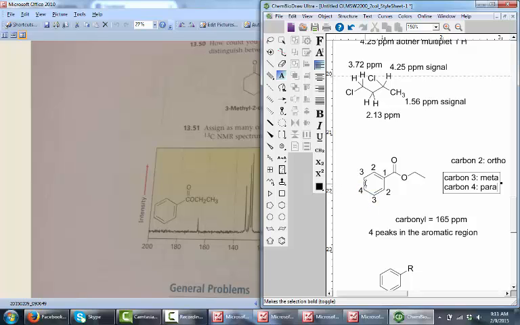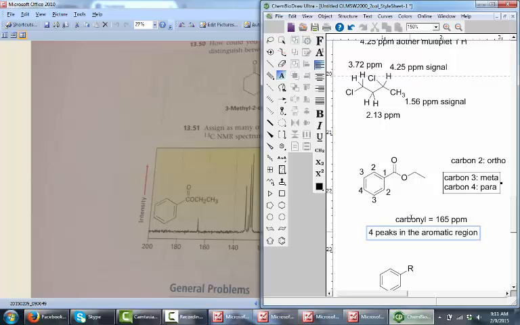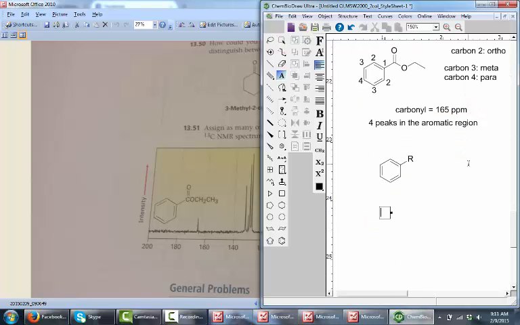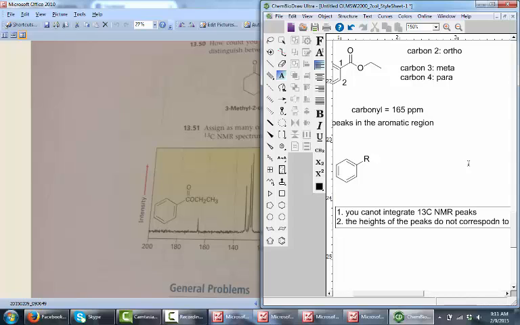Okay, so that's 4 types of carbon atoms on this aromatic ring, and that corresponds to 4 signals in the aromatic region. So I just want to make a few notes here so we don't get confused. The first thing is that you cannot integrate carbon 13 NMR peaks, and conversely, the heights of the peaks do not correspond to the number of carbons.